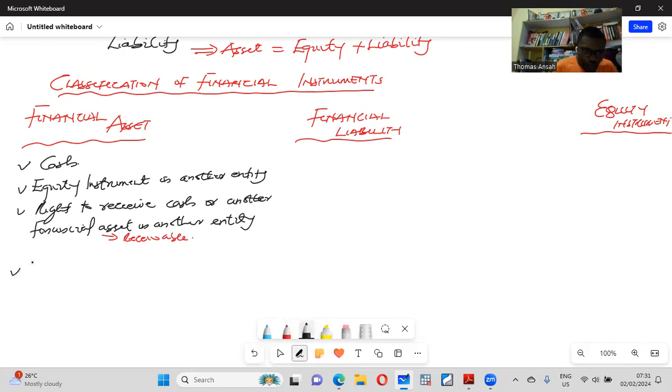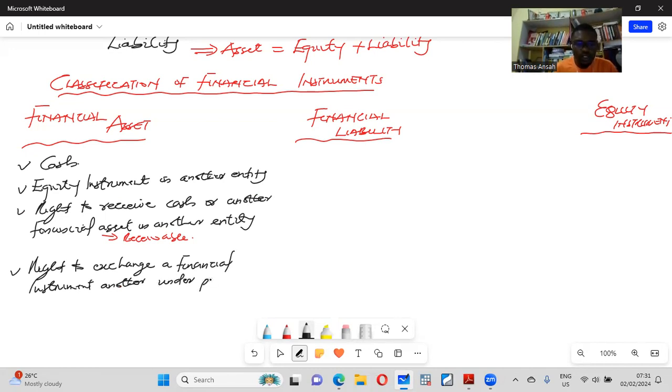And again, if you have the right to also exchange a financial instrument with another entity under potentially favorable conditions, then you also have a financial asset.